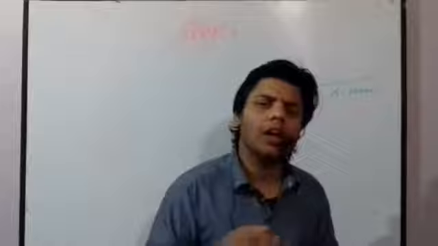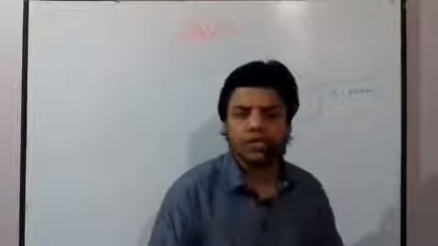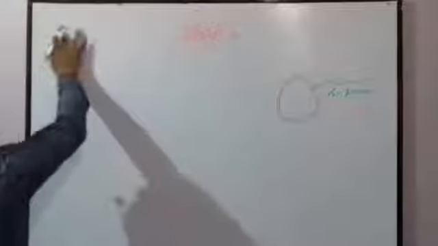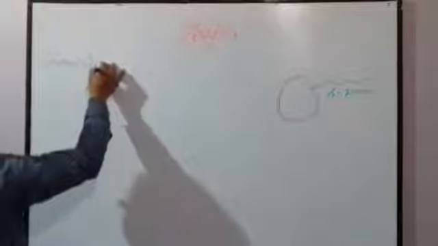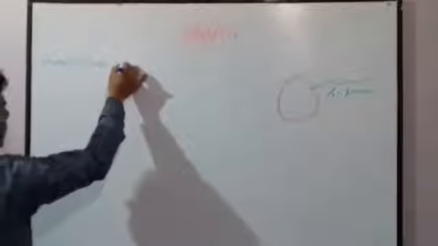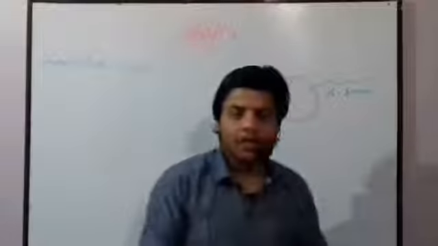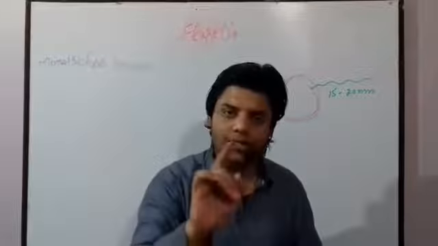Now, if we talk about bacteria according to flagella, there are four types. The first we call monotrichous bacteria. It is the bacteria which have the flagella on one side.